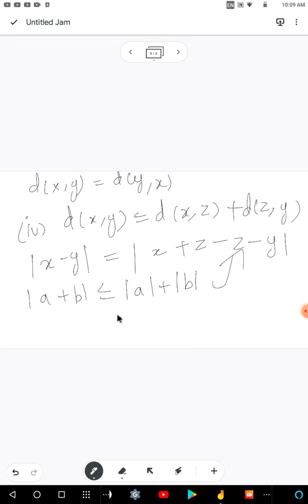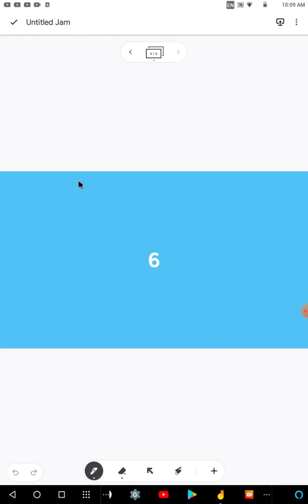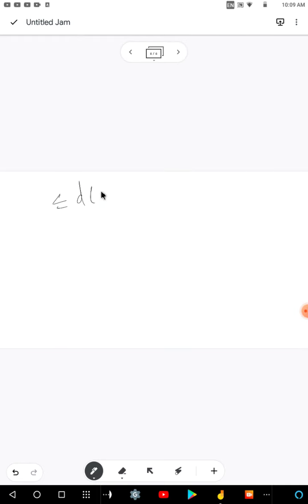Substituting that here, it is less than or equal to modulus of x minus z plus modulus of z minus y. So this is nothing but less than or equal to d(x, z) plus d(z, y). So this is a metric on R.